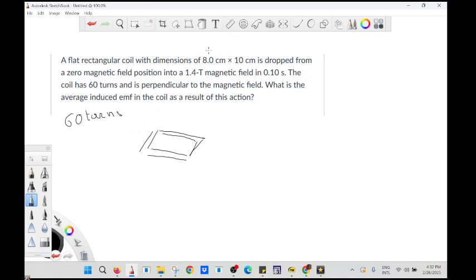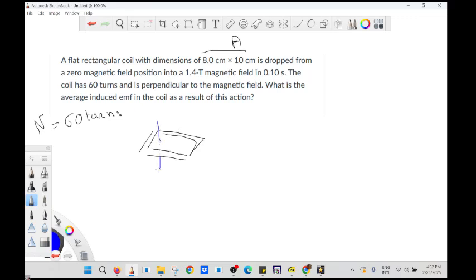The area is given, and that will be N. And somehow, don't ask me how, the magnetic field going through here goes from 0 to 1.4. So at t equals 0, there is none.